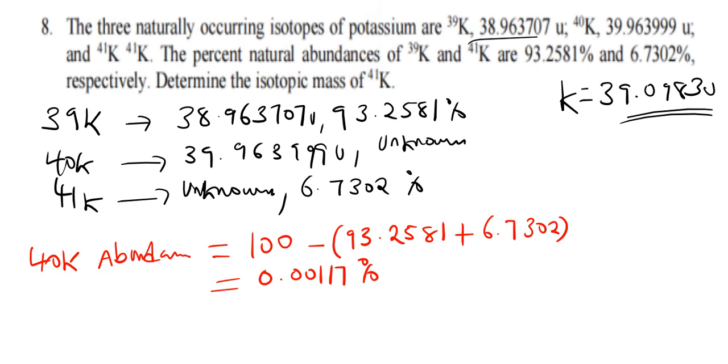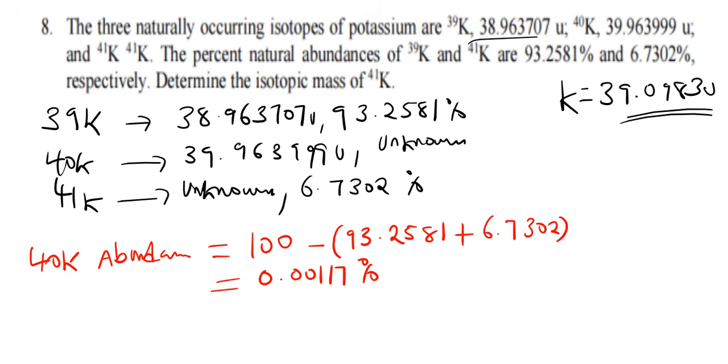Then if we're going to calculate the average, the average weight will be the fraction that we have multiplied by the mass for each isotope. So in this case, where can I write? Okay, even just the same down.